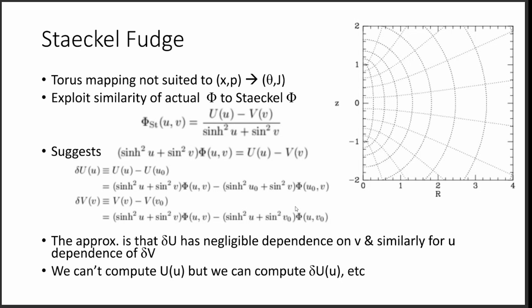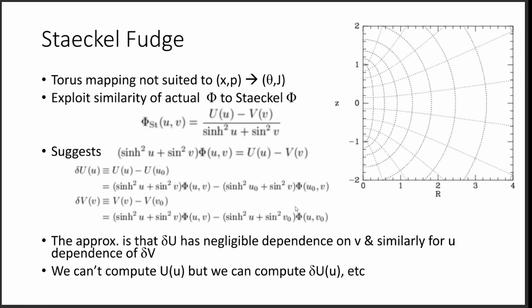And similarly, I can compute delta v by the same trick. I basically subtract from my alleged thing the same thing with a different value of one of the coordinates and the same value of the other coordinate.